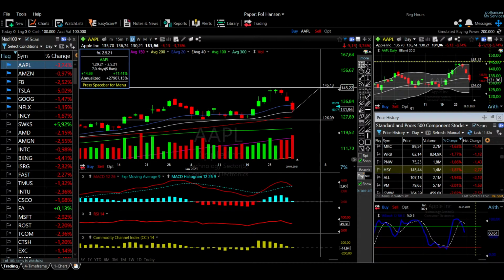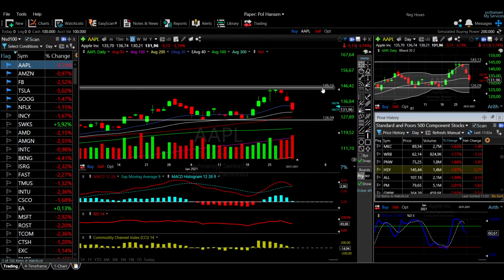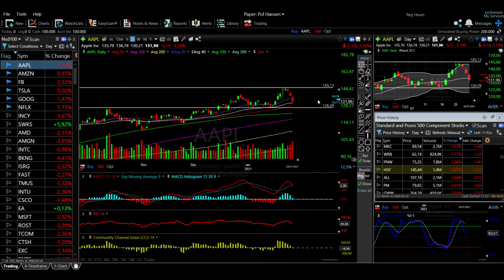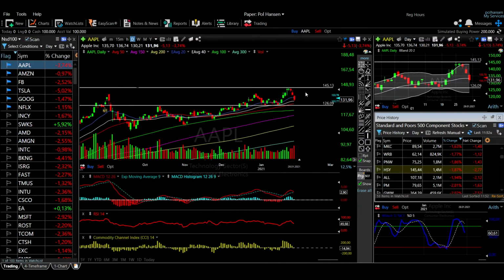So you can see that this is a move of roughly 11%, a major move for Apple if we go back to that level. I do expect Apple to rally all the way up to 150 within the next month or two. Apple is in one of my portfolios for my long-term investment, and it is a stock that is going to grow and grow, and it's also a very good dividend stock.